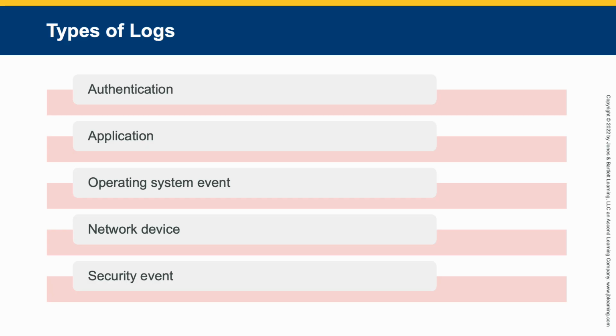Application logs track events within software programs, including errors, user actions, and transactions. Universities rely on these logs to troubleshoot issues in learning management systems such as Canvas, Moodle, or Blackboard, student portals, or library databases.